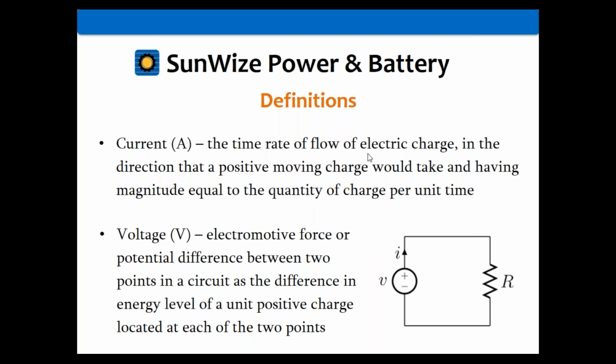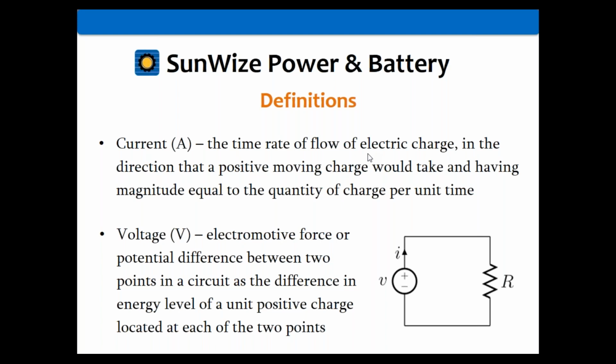Voltage is kind of the same way. And again, we all know that symbol with a V, and sometimes followed with a DC for DC voltage or an AC for an AC voltage. We'll get into that in more detail when we get into AC versus DC. And it's defined as the electromotive force or potential difference between 2 points in a circuit as the difference in energy level of a unit positive charge located at each of the 2 points.